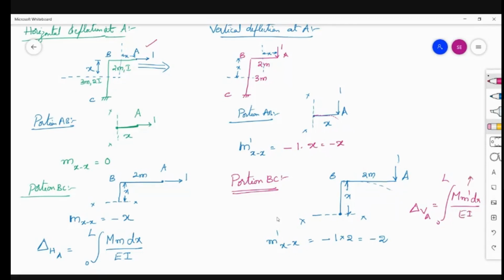M dash is the moment due to the unit load in the section. Capital M is the moment due to the external load system. Please complete up to this procedure. If this is completed, please let me know. We'll move further.